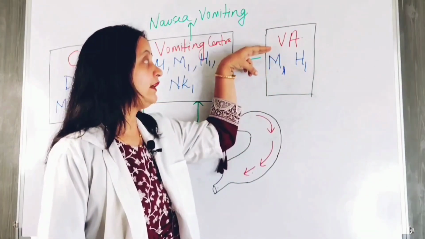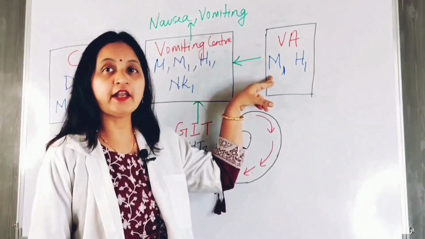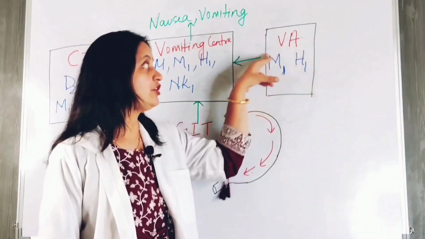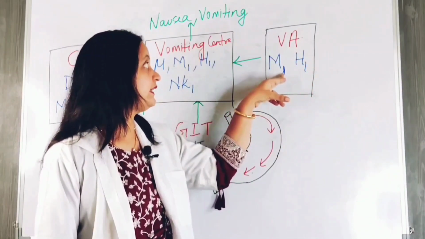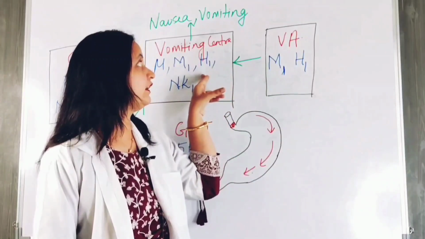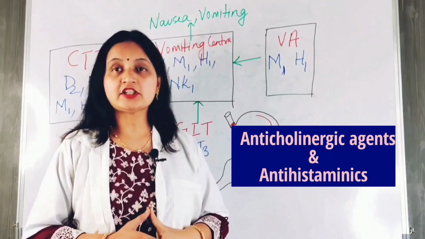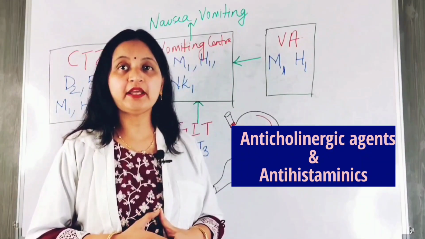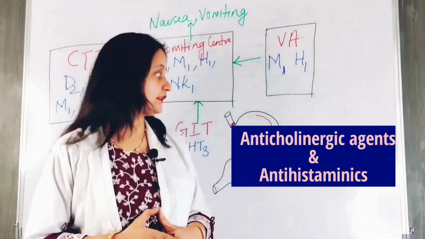The vestibular apparatus expresses muscarinic M1 and H1 histamine receptors, and their stimulation sends signals to the vomiting center which can cause nausea and vomiting. Therefore, anticholinergic agents or antihistaminic agents are known to act as antiemetic drugs.